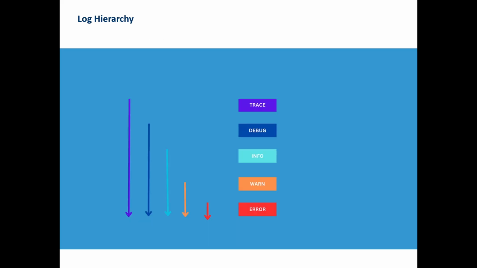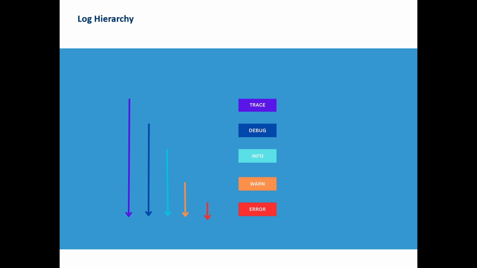If you see, we have a log hierarchy. By default, info is enabled. As info is enabled, warnings and errors will also be shown. If you want to enable debug and trace, you need to do it manually.